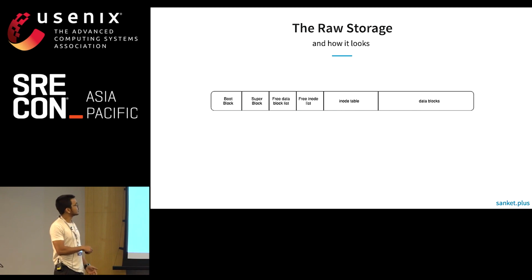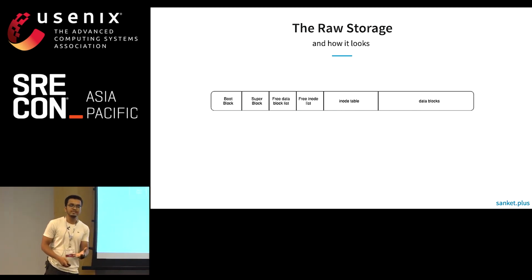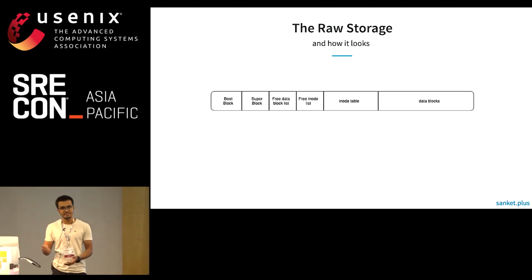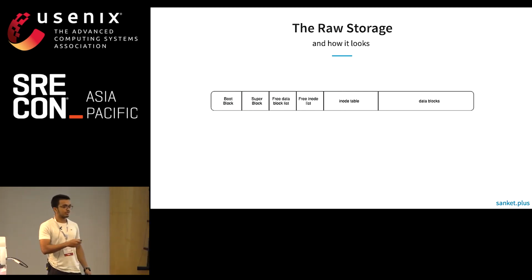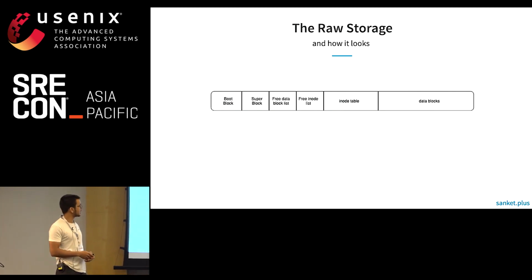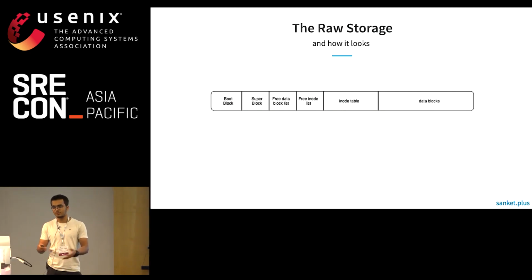There will be a super block. Super block is metadata about your whole file system: how many inodes there are, how many blocks there are, what the utilization is, things like that, and what the block size is. And there will be a boot block. If your disk or file system is bootable, then the booting instructions would go there. So this is the overall picture of where things would go.